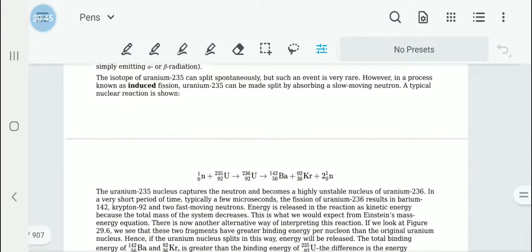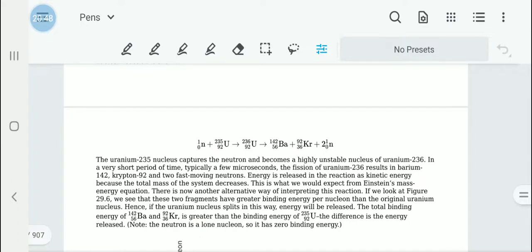Example, uranium-235 would absorb a slow moving neutron to produce barium and krypton and two high energy neutrons.